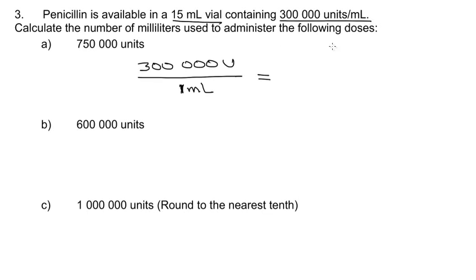And the patient is to be given 750,000 units. And we are asked how many milliliters would that call for? 1 times 750,000 divided by 300,000 tells us that X is 2.5 mils.